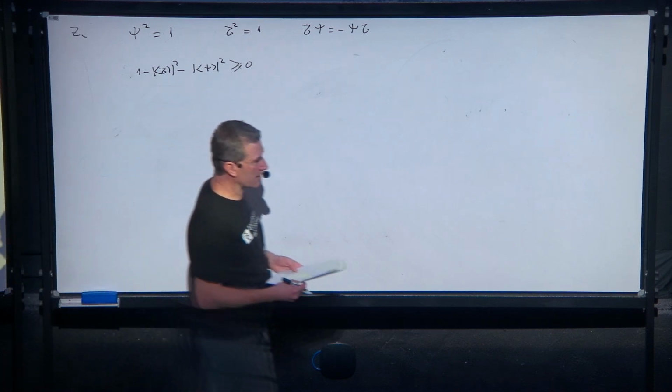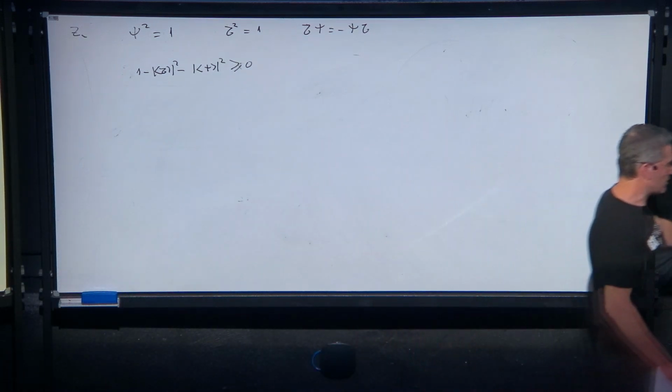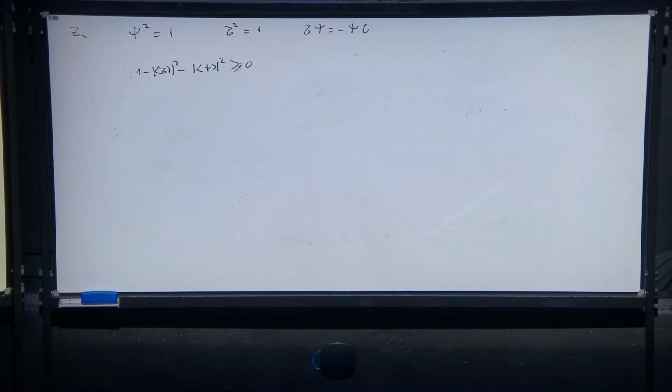And here you have something that is an equality, not an inequality. So, for example, when this goes to log G, the other one goes to 0, and vice versa, right?